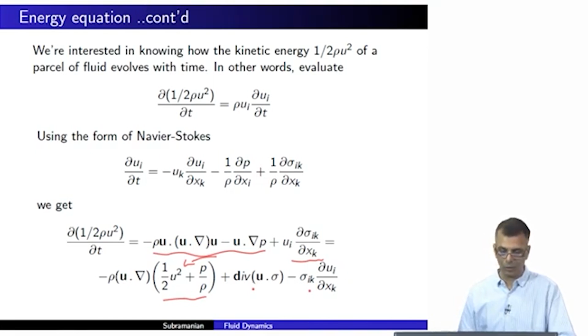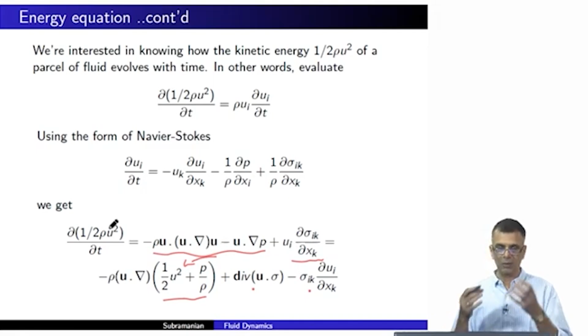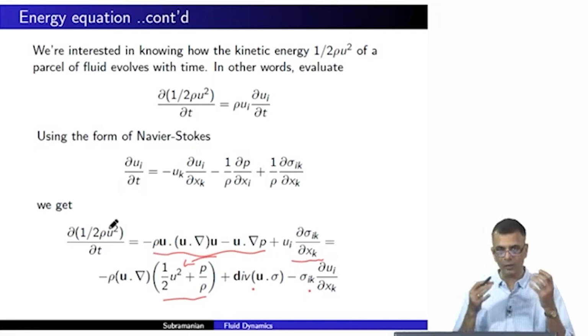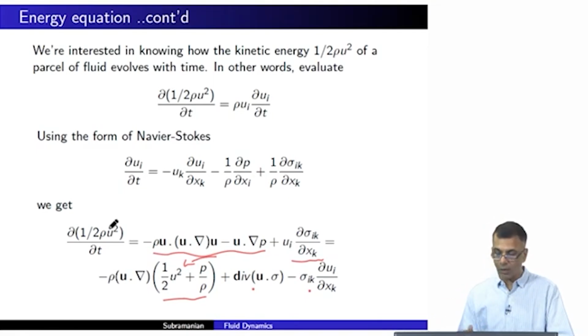So all of this is simply the time derivative of the kinetic energy density of a fluid parcel. In other words, how the kinetic energy density of a fluid parcel evolves, and specifically how it's related to viscosity.